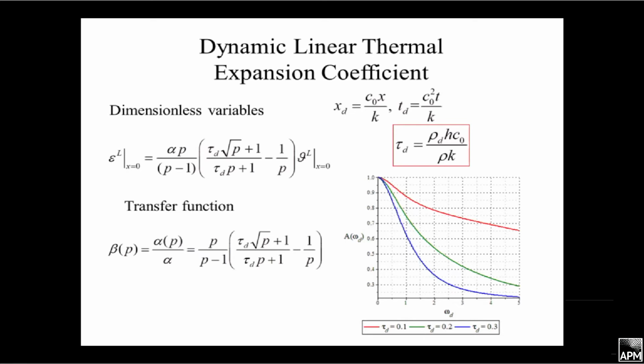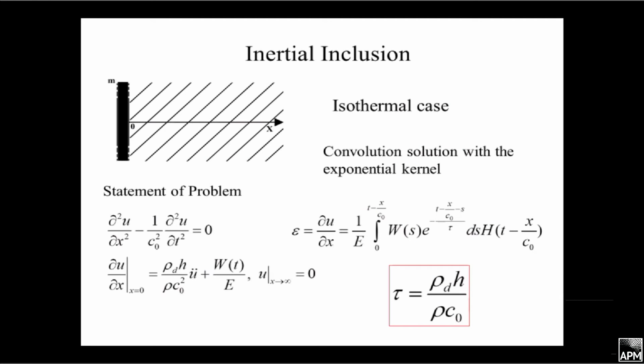But before doing that, I would like to consider some very simple case. It's an isothermal case, so we do not take temperature into consideration. And here in the boundary condition, the V function is now the external pressure, not temperature. So this problem can be easily solved.